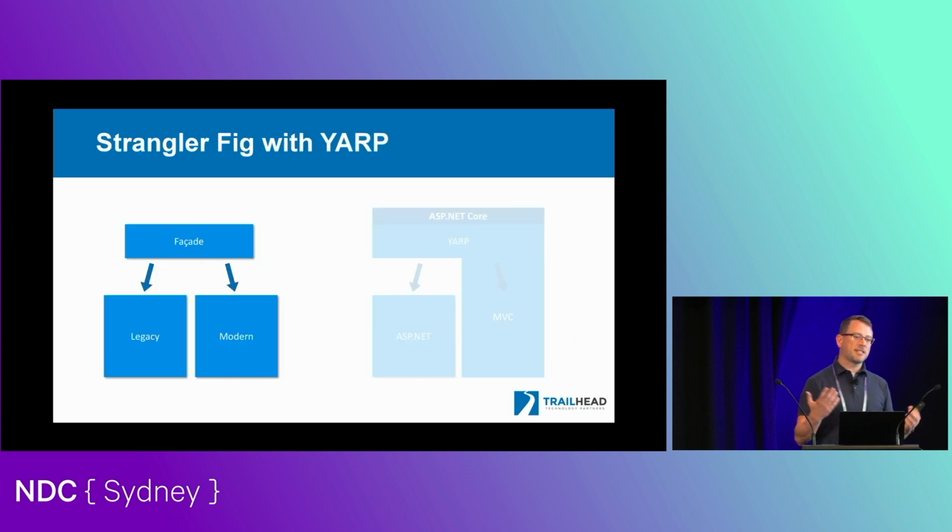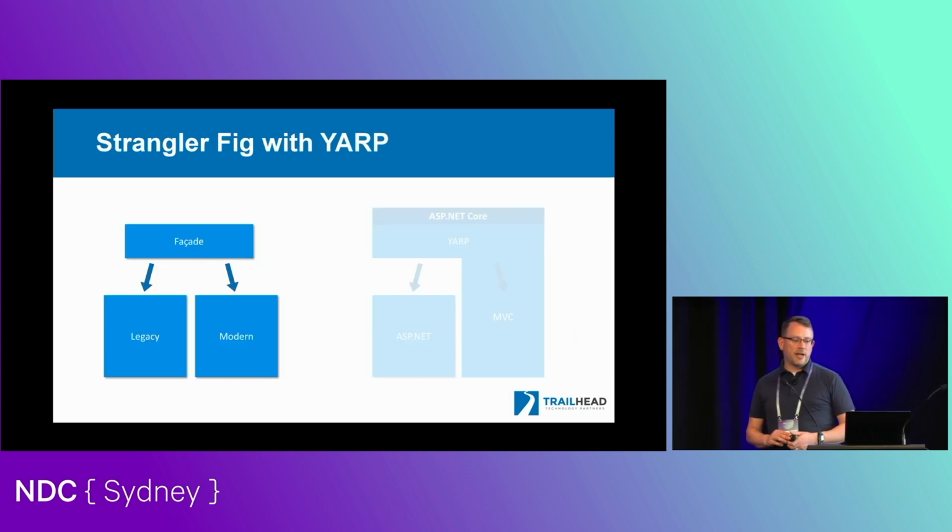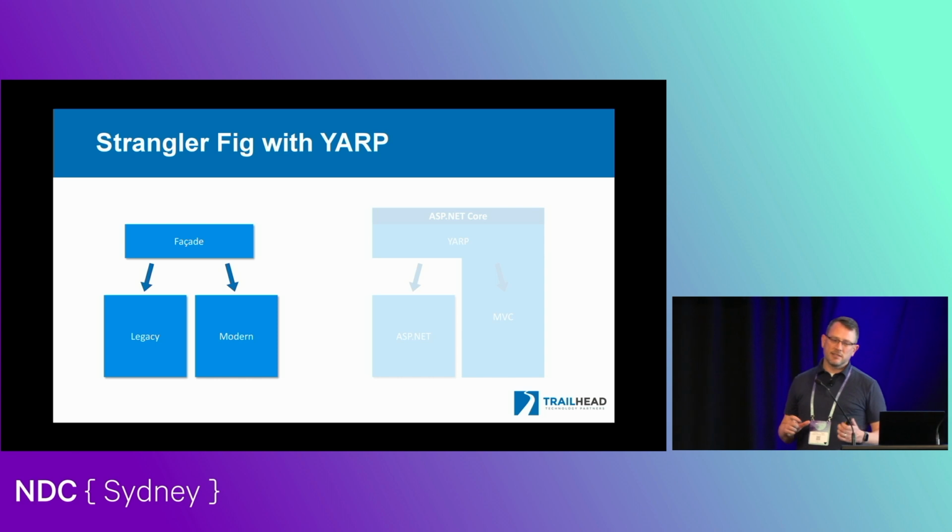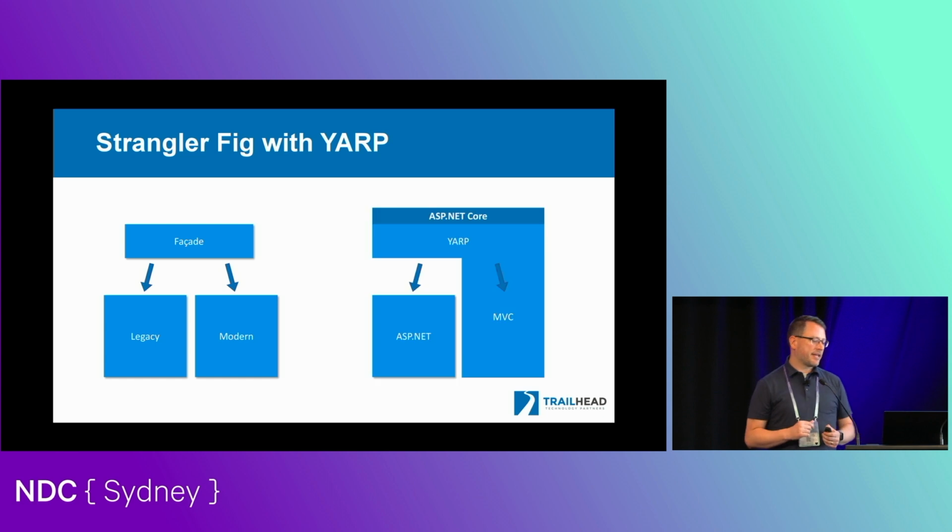So if you go back to that architectural diagram that I had where there's 3 boxes, the facade layer, the modern app, and the legacy app, right? Well, we only talked about 2 boxes on that last slide. So how does that work? When you're doing YARP, one of the benefits is that the modern application, or the ASP.NET Core application, actually hosts YARP inside of it.